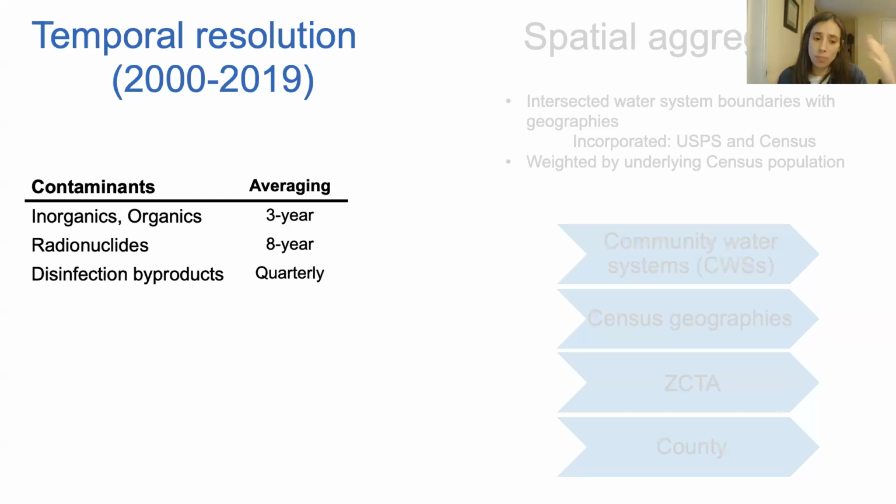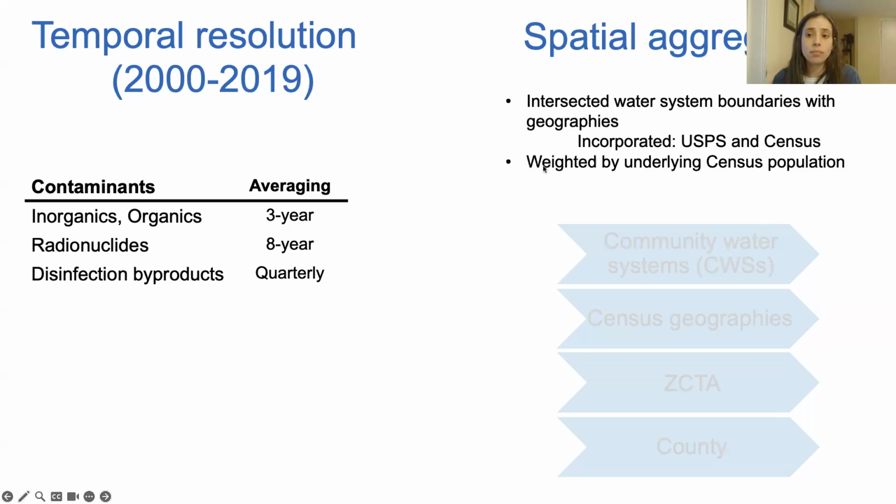There's differential missingness here by system size, by source water type, by your last monitoring record. So we select these averaging periods to minimize that differential bias by water system characteristics, so that when we make comparisons across systems, we've minimized differential missingness that way.